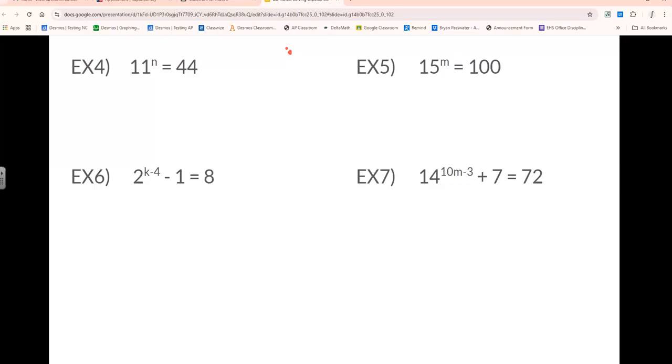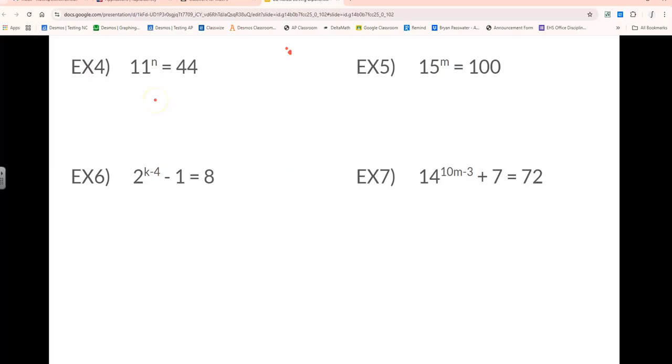I need to get rid of the 11. You might want to say that we should divide by 11. But is this 11 times n? It is not. We also are not going to do a root, because roots get rid of the exponent. Like if I have x squared, I can use the root to get rid of the square. So it's not roots. What is the inverse of an exponential? A log.